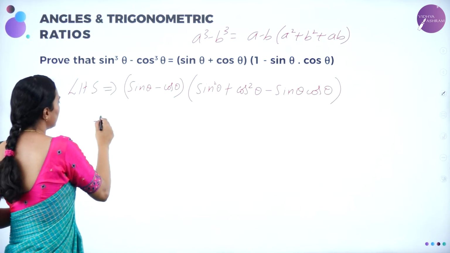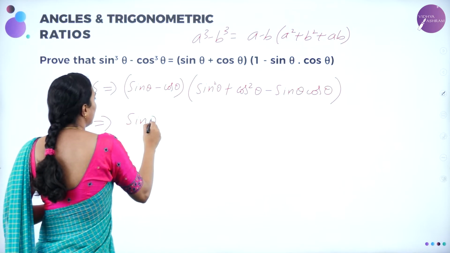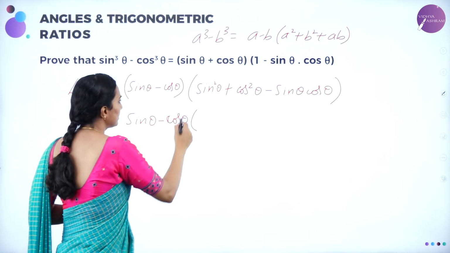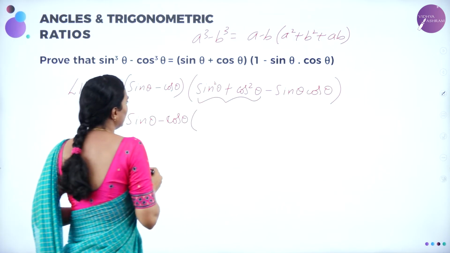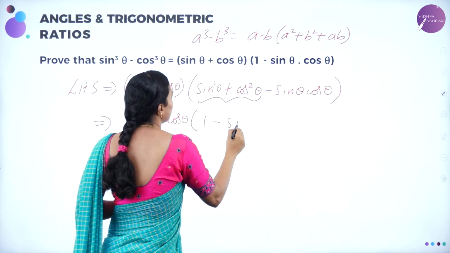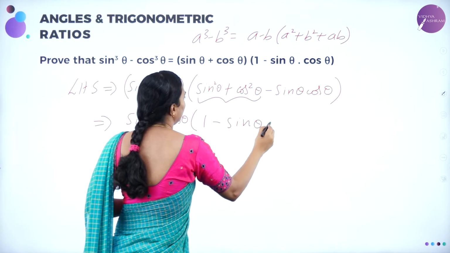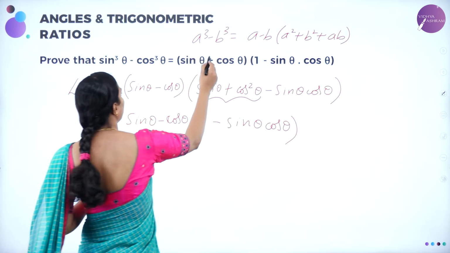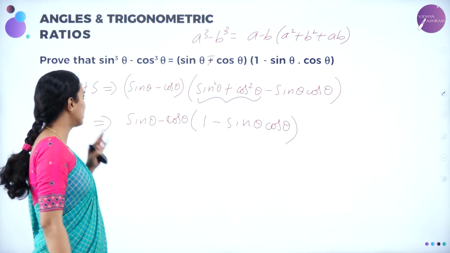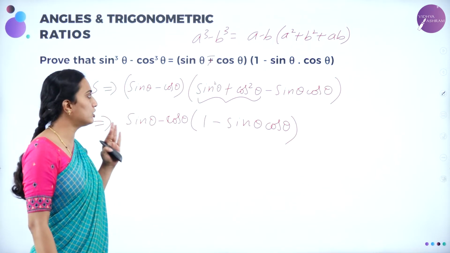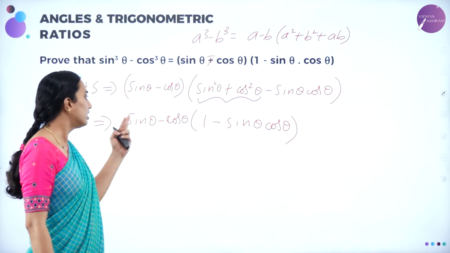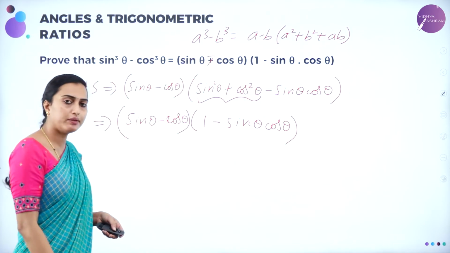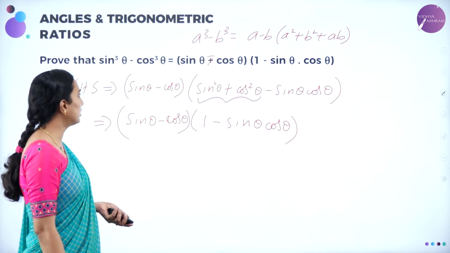Which implies sin theta minus cos theta into sin squared theta plus cos squared theta, which is 1, plus sin theta into cos theta. Your answer here should become plus, not minus. So that is sin theta minus cos theta into 1 plus sin theta into cos theta. Okay, dears, we'll move on to the next one.